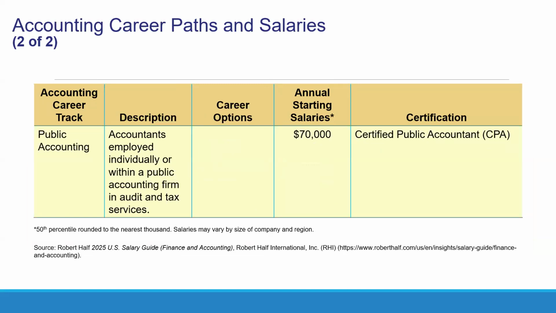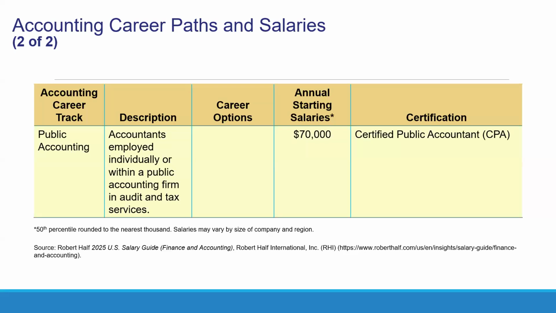Now, public accounting, this is what you generally think of when you think of an accountant. This is the person you go to do your taxes, or tax audit, some consulting, and you work for a public accounting firm, which is why you're called a public accountant, even though you're employed by a private business, and you do financial accounting or tax accounting for a lot of other businesses.